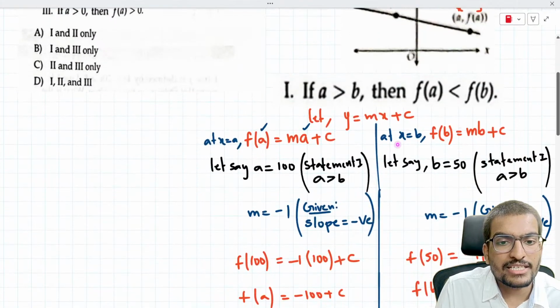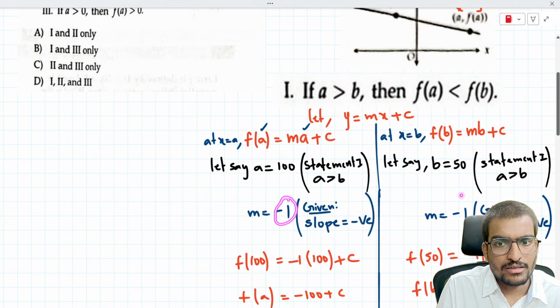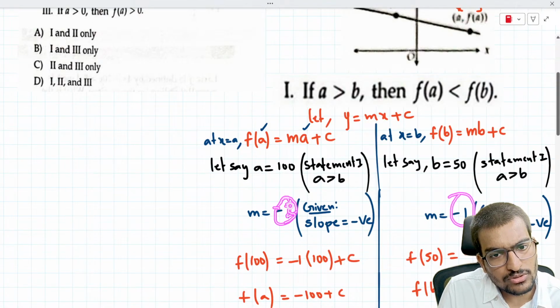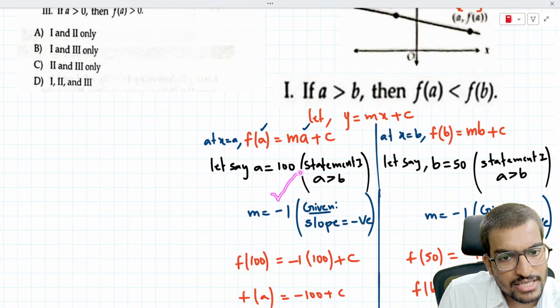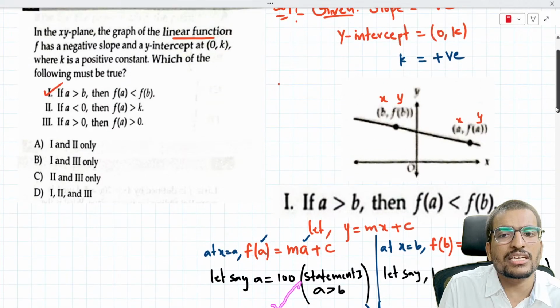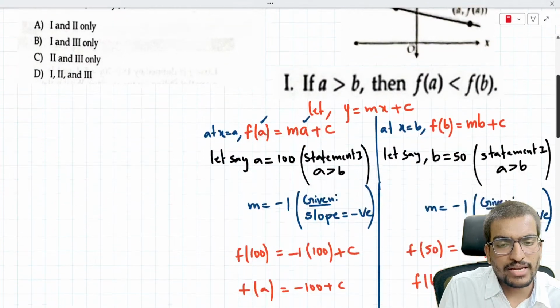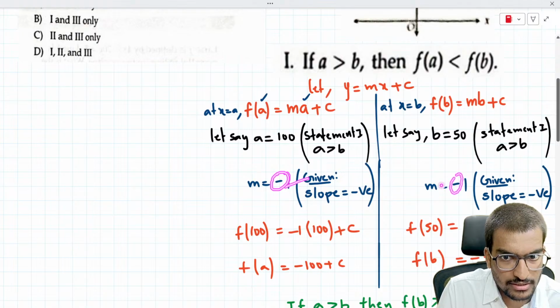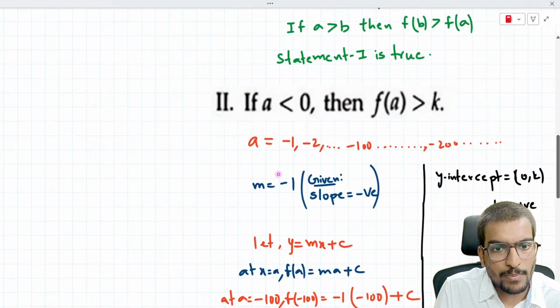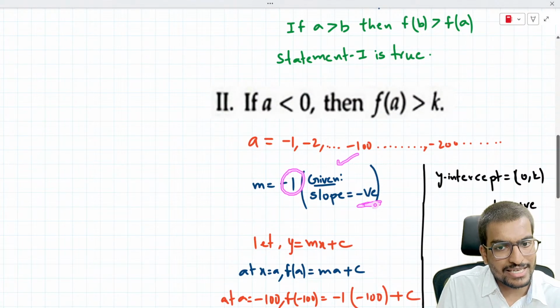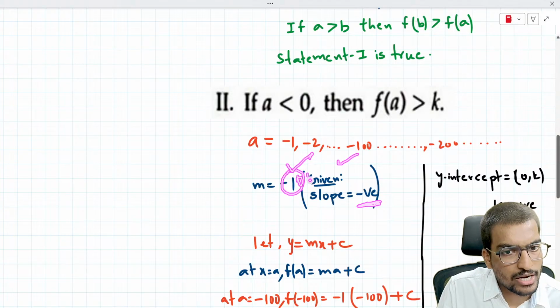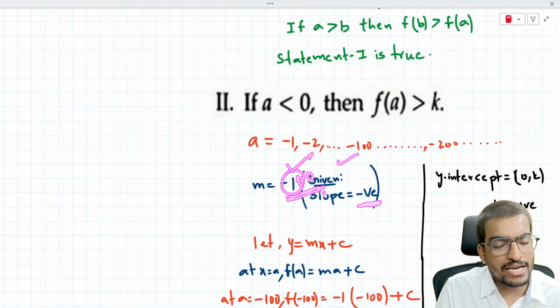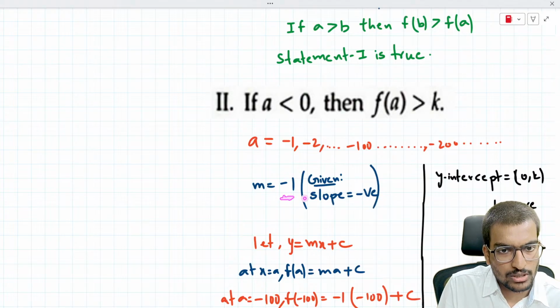I am considering slope as -1. You can consider -2, -3, anything, but you have to consider slope as negative only. I am taking -1 for my convenience, to calculate quicker.